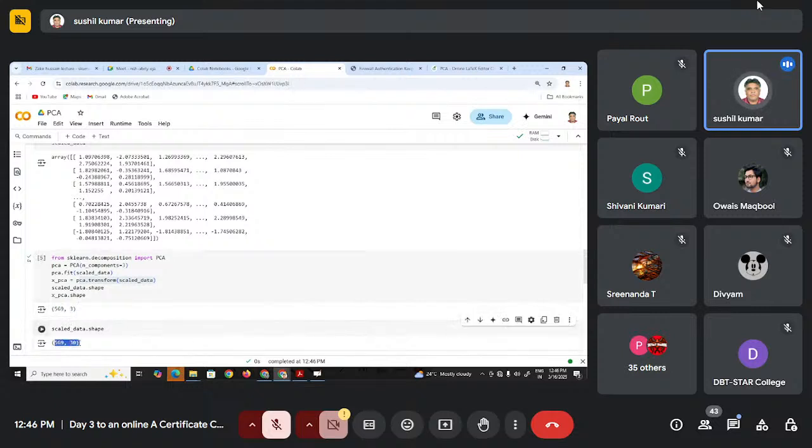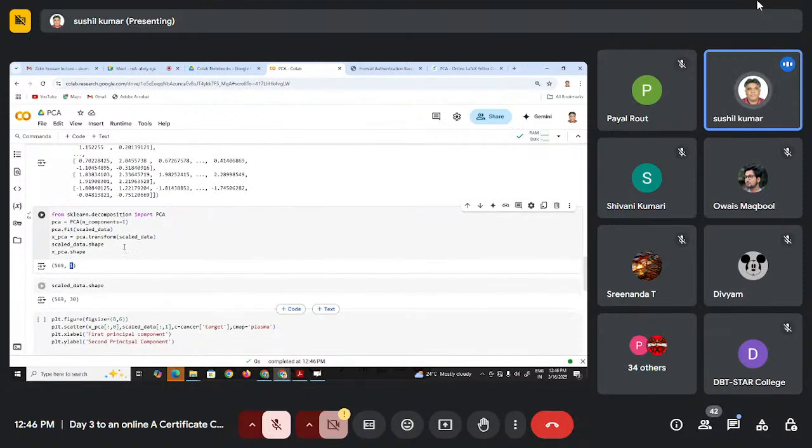This is the original data, and I have converted it into 569 into 3. If I take more than one eigenvalue, it will give that many dimensions. Here 30 is converted to 1 again. If you want to convert to 10, you can convert to 10 also.